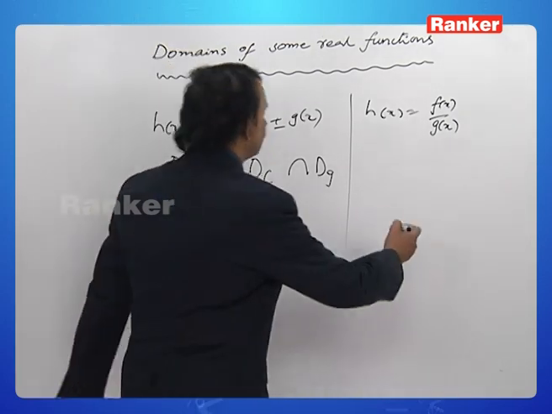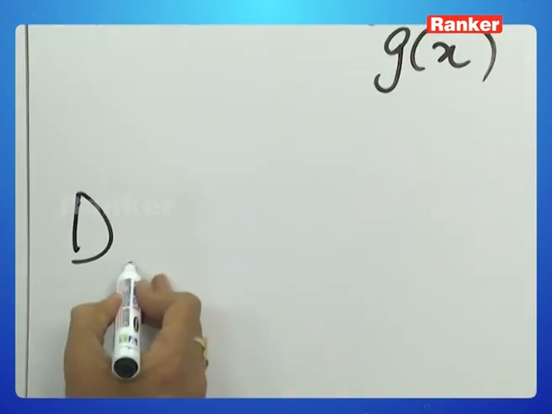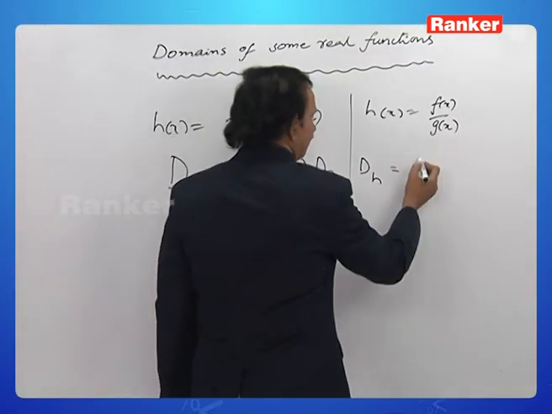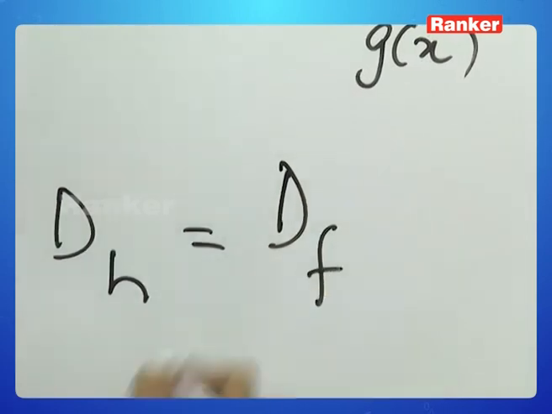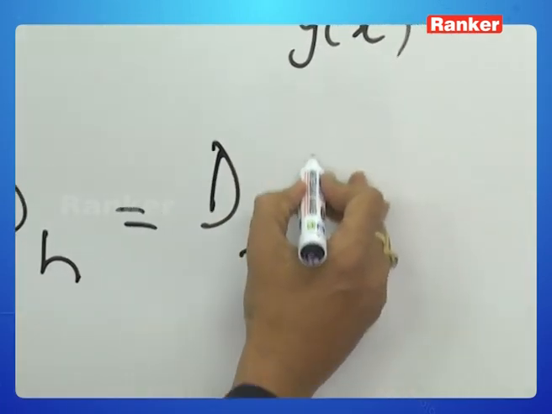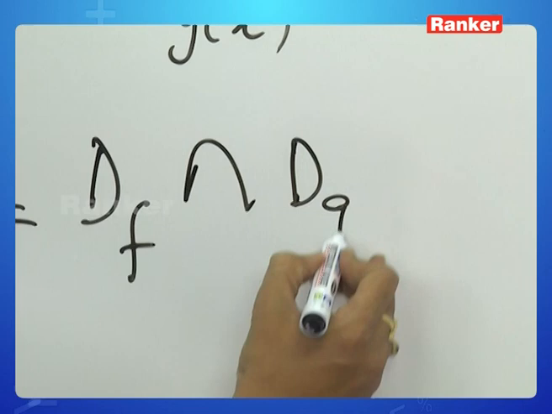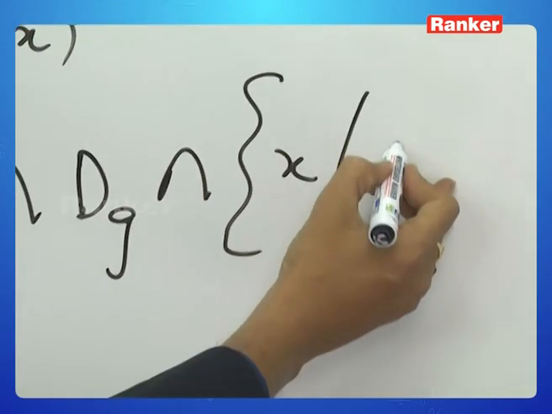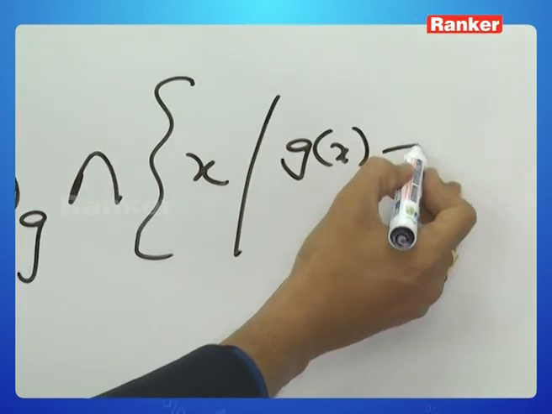That is, to have the domain of h, what are the things to be had? Number 1, find the domain of f. Number 2, find the domain of g. Number 3, find the set of all x's such that g of x is not equal to 0.